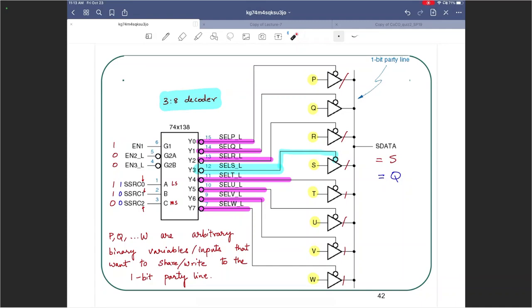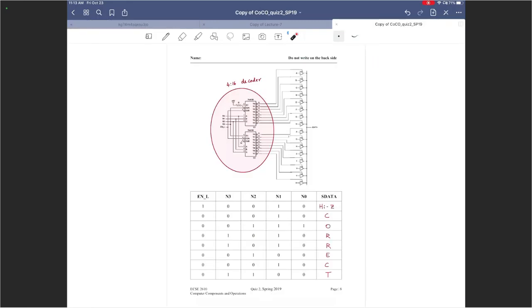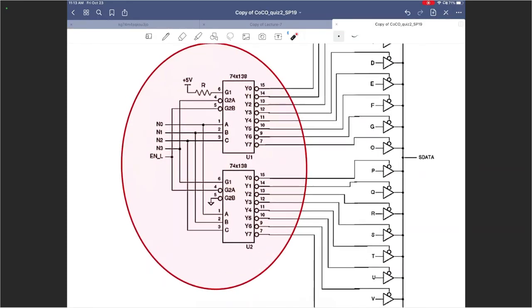Is there a limit to cascading? Cascading in terms of this design, or cascading in terms of the decoders, or cascading in terms of encoders?